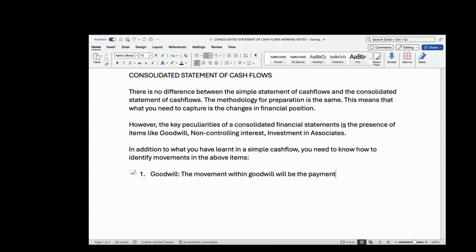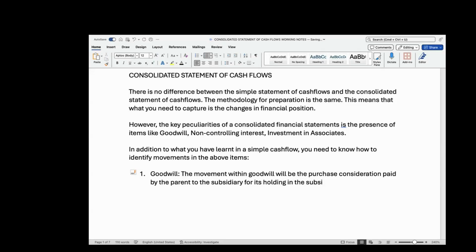Let me call it what you usually call it, the purchase consideration. The purchase consideration paid by the parent for its holding in the subsidiary.